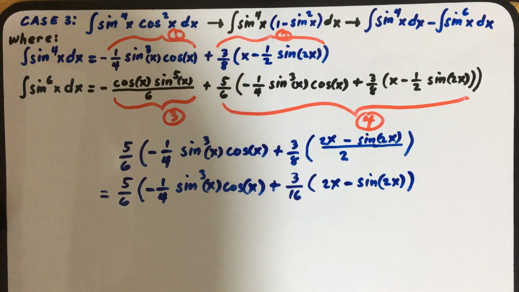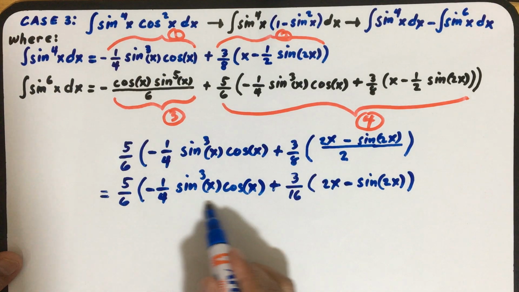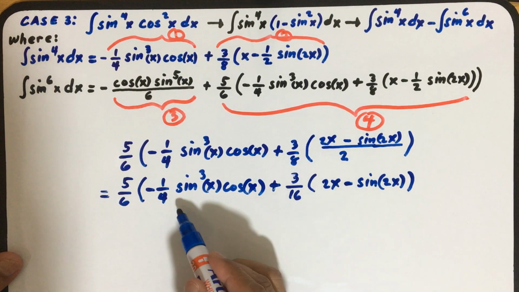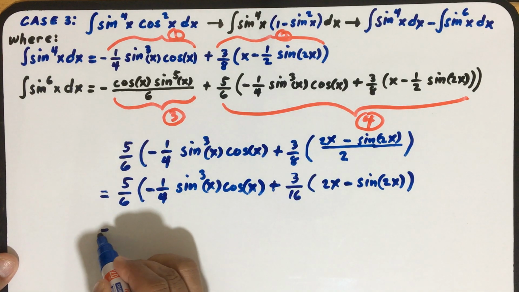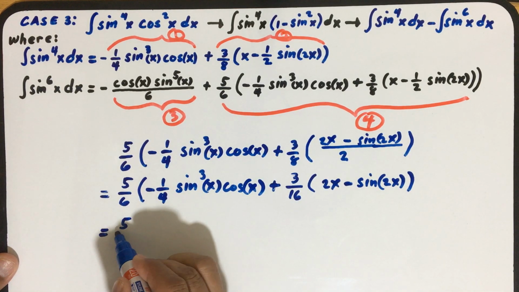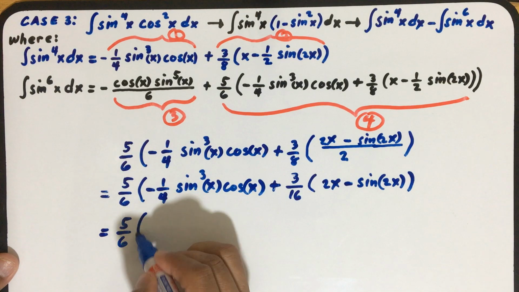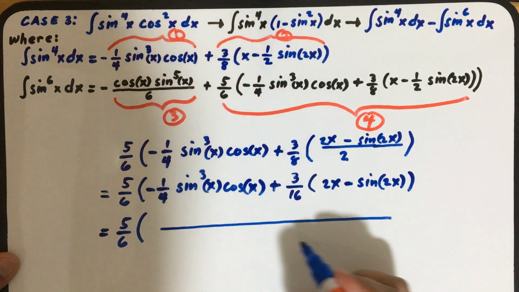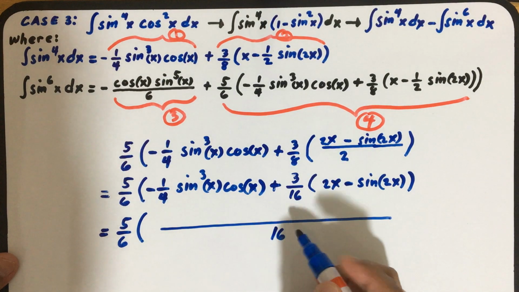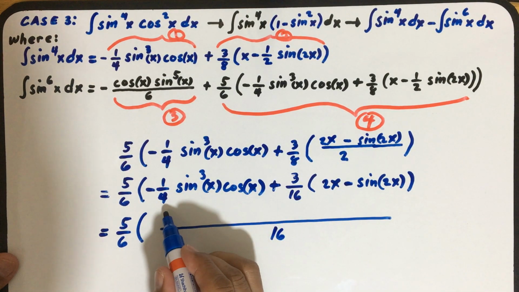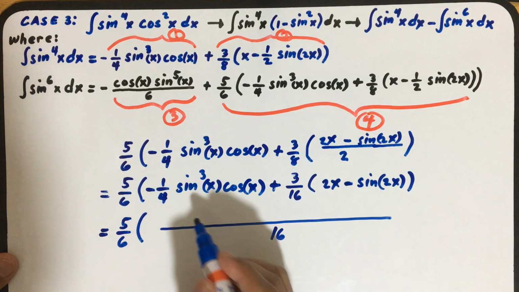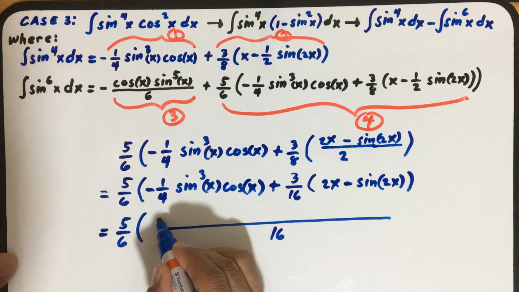Okay? Then after that, find the LCD of this. We have here the first term, second term. So let's find the LCD. So we have 5 over 6 multiplied by, the LCD here is, I think, 16. So 16 divided by 4 is 4 times minus 1. So this is minus 4.